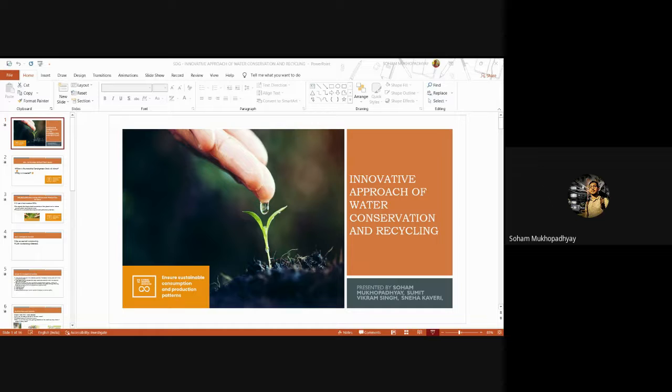There are in total 17 SDGs as we know, and we are working upon the 12th one.